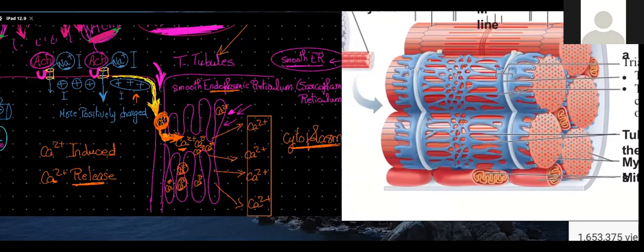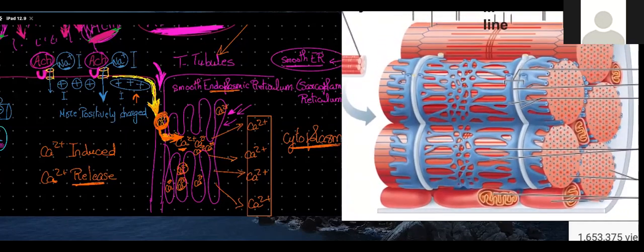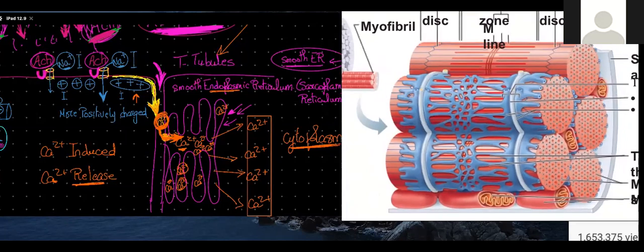We're looking here. This is one sarcomere, if you notice on here. It has the A band and it has the I band. This is my I band on here. This is my A band. Remember, the A band is the one that consists of thick filaments running throughout its length.